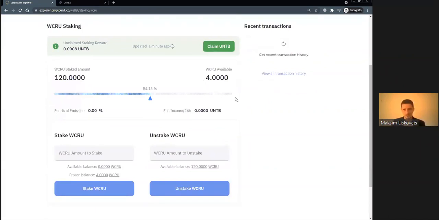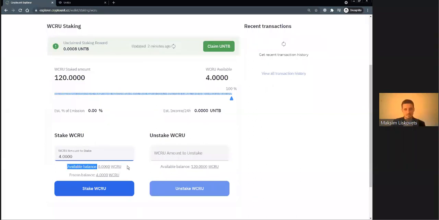By using this slider, you may shift it to the right, and then you will see in this field the World CRU amount to stake. You may use the percentage. For instance, you would like to stake only 50% of this amount or 100% in this particular case. Or you may do it manually. Here in this field, you simply indicate the number of World CRUs to be staked.